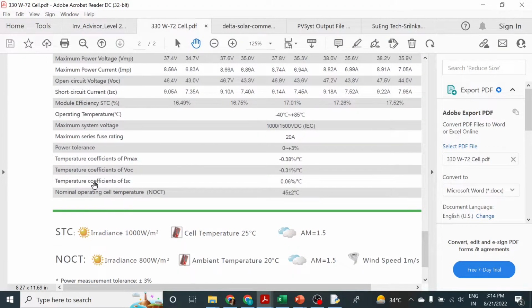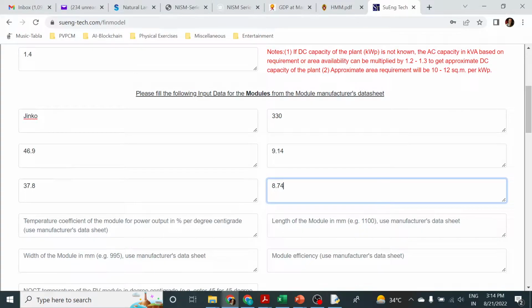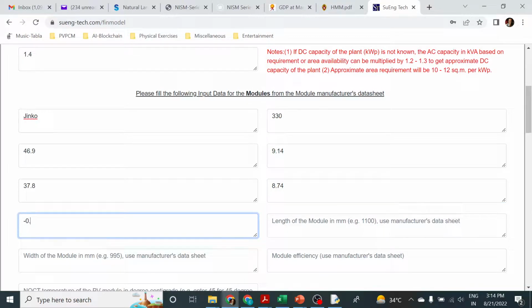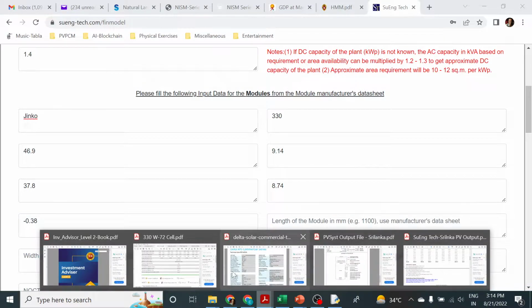So you see the temperature coefficient of power is minus 0.38 percent per degree centigrade. We have to enter the value in percent per degree centigrade, and that was in minus, so minus 0.38. Length and width of the module I can get from here.